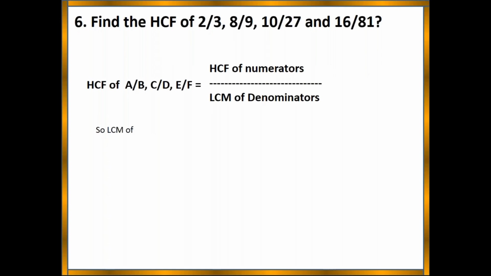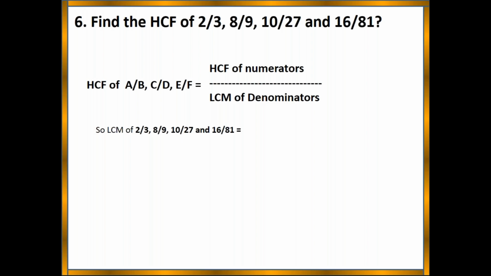Hope you got the clarity between the LCM and GCD difference. Previously, for the LCM of fractions, it was the LCM of the numerators by the GCD of the denominators. For the HCF of fractions, it is the HCF of the numerators by the LCM of the denominators. Reverse.